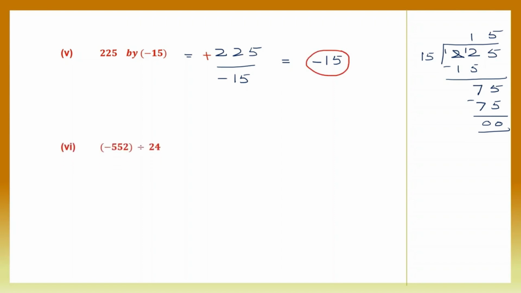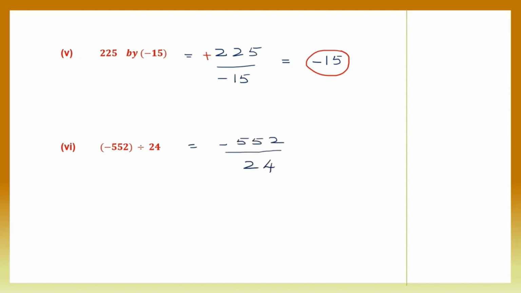Question 6. So here we have minus 552. So let's write that down. Minus 552 divided by 24. Now 552 has a minus sign, 24 doesn't, so it's understood it's a plus sign. So here signs are different. So our final answer will be negative. So we've got the sign. Now let's divide 552 by 24. 24 ones are 24, 24 twos are 48.